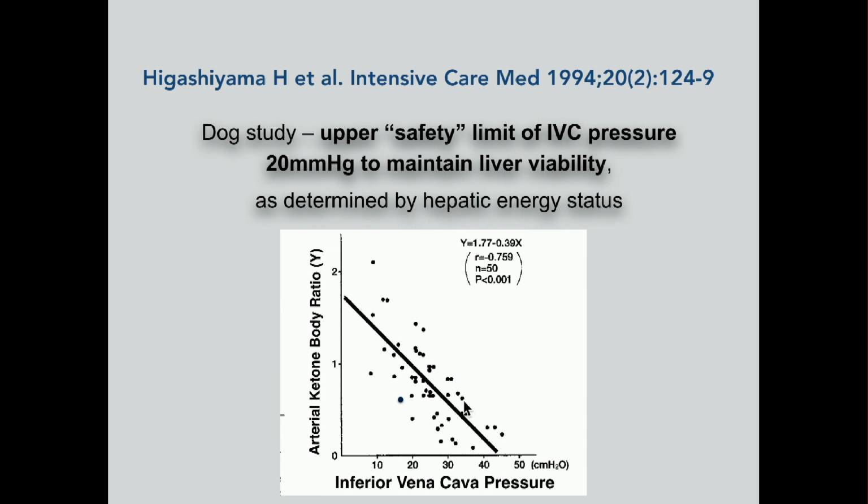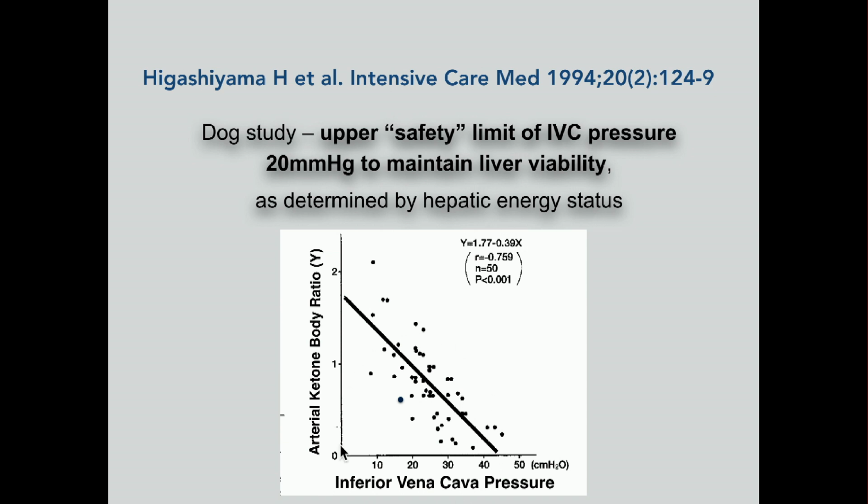Wendy Book introduced me to this paper, which was published a number of years ago from Japan. And this was work done in dog subjects. And what the investigator did was to tie off the IVC above the level of the liver, and then also add a pump that can regulate the pressure in the IVC and then look at liver function as they do this.